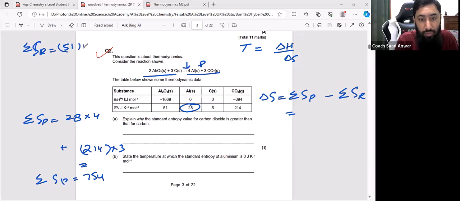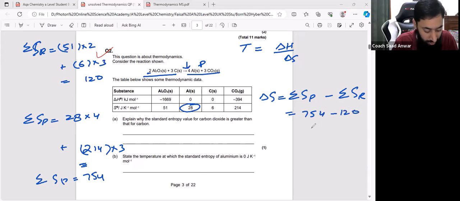Similarly, entropy of reactants is 51 times 2 because Al2O3 is 2 moles. For carbon, I need to put 6 here and multiply with 3 because there are 3 moles of carbon. This is 120. So 754 minus 120 is 634. So this is the entropy change and I need to put the correct unit as well.